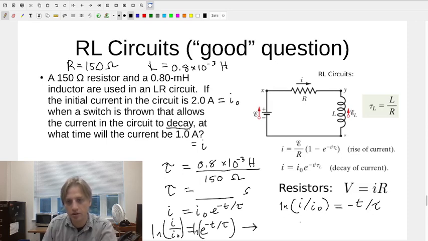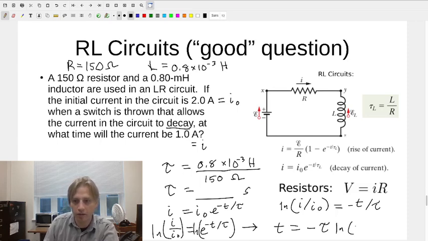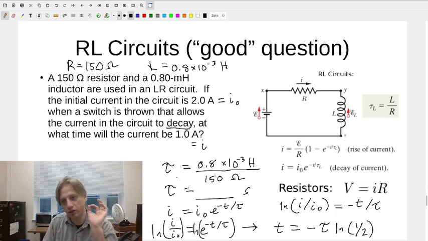Or you can then get your time t by saying that it's minus tau, whatever that is, times the log of I over I naught. So that would be 1 amp over 2 amps. This doesn't have any units, and then your tau has units of seconds, so your final answer should have units of seconds. So that is a good question.